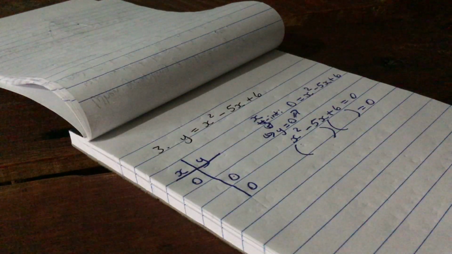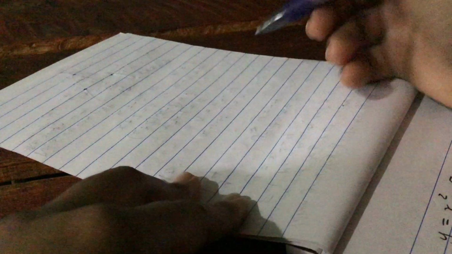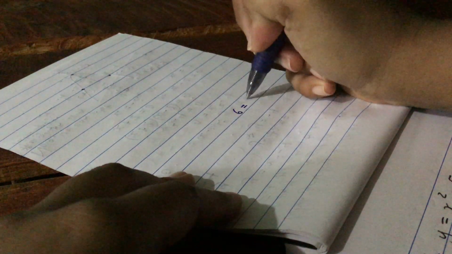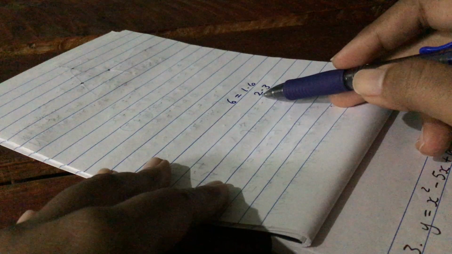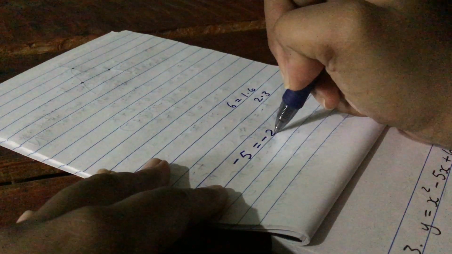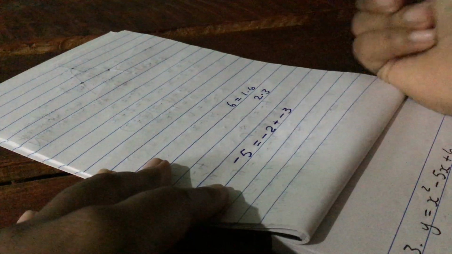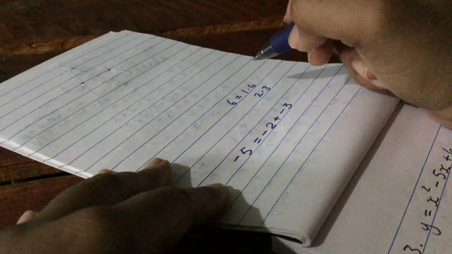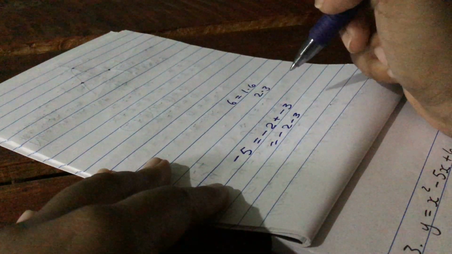Okay? So if I list factors of 6, let's do that up here, I get 1 times 6, 2 times 3. I can add 2 and 3 to get 5, yes? But I need -5. -5 is equal to -2 plus -3.